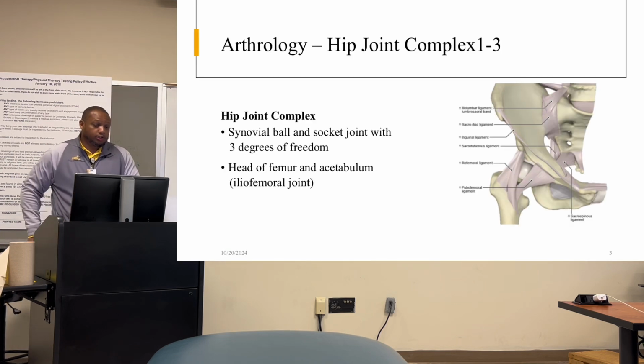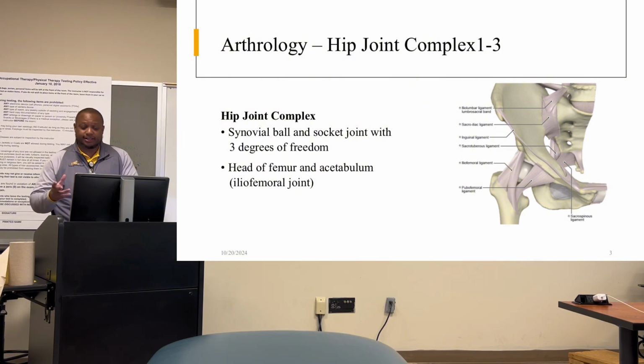So we're going to start out by talking about the arthrology of the hip joint complex. Remember, the hip joint complex is a synovial ball and socket joint with 3 degrees of freedom. You have the head of the femur articulating with the acetabulum, often referred to as the iliofemoral joint. We talked about the iliofemoral joint being more stable than our shoulder joint.